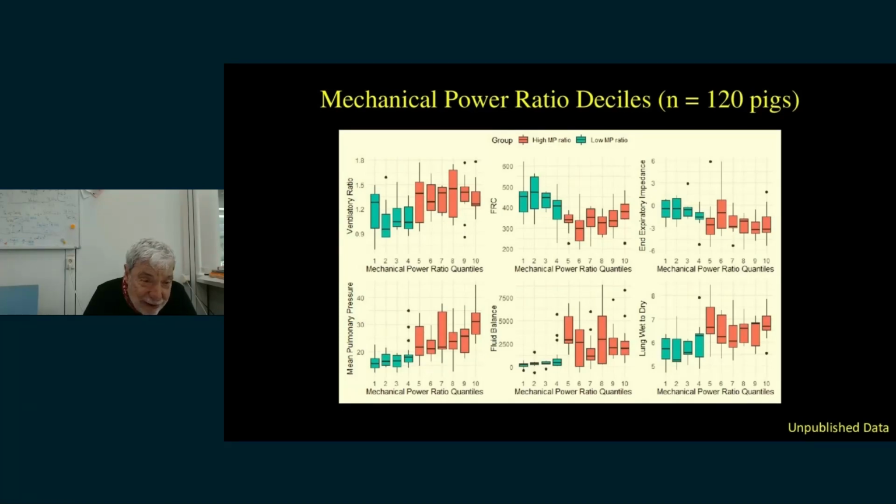And you see that these pigs, under different conditions but with different mechanical power, we divide the mechanical power in 10 deciles. And you see that when the mechanical power ratio was 3-4 times greater than normal, we have a change in ventilatory ratio, FRC, respiratory impedance, lung weight, lung wet-to-dry ratio.